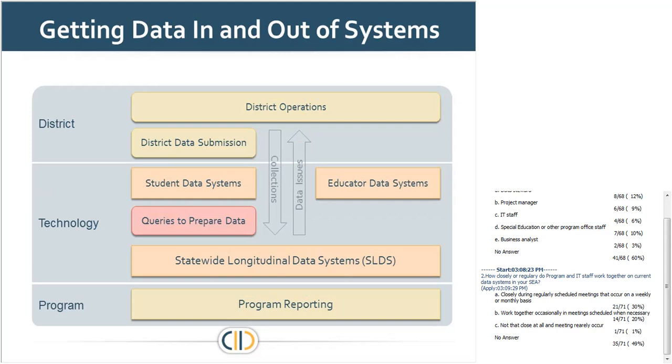We ask them for data. They submit that data, and then that data comes into our student data systems. Then we try and take that data, customize it so that it fits into the statewide longitudinal data system, our data warehouse. Then we try and say, okay, now that the system's in a data warehouse, let's create a report for that.